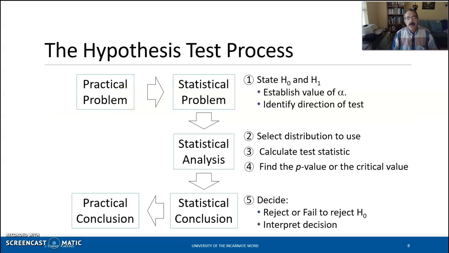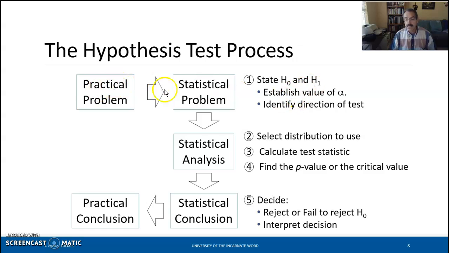All right, let's see how we test the hypothesis. So here's the hypothesis test procedure. We start with a practical problem, and we translate it into what we call a statistical problem. From that practical problem, you determine the null hypothesis and the alternative hypothesis. So H sub 0 is called the null hypothesis, and H sub 1 is called the alternative hypothesis.